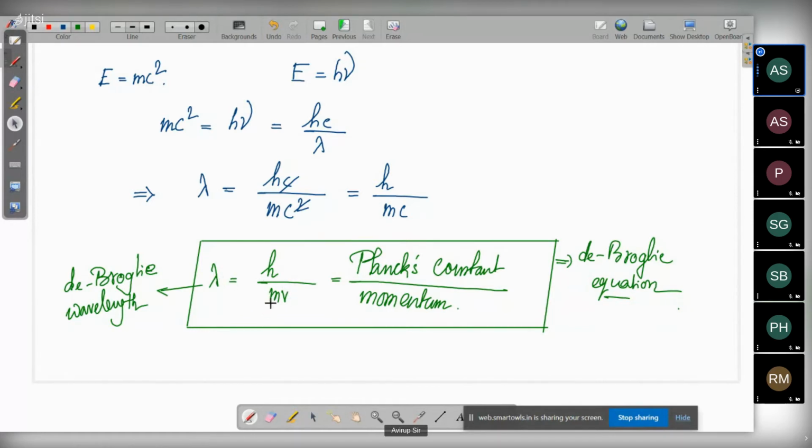So smaller the mass, higher the wavelength. So for subatomic particles, because the mass is small, lambda has a pretty significant value. It can be measured. As a result, you cannot ignore it, like we had done for macroscopic objects.